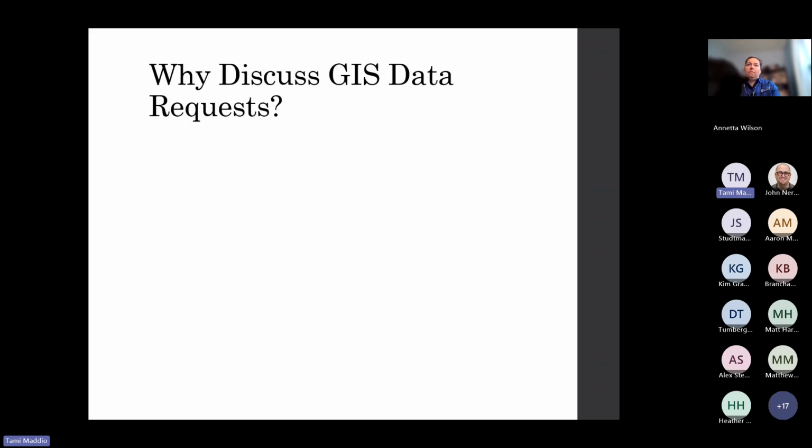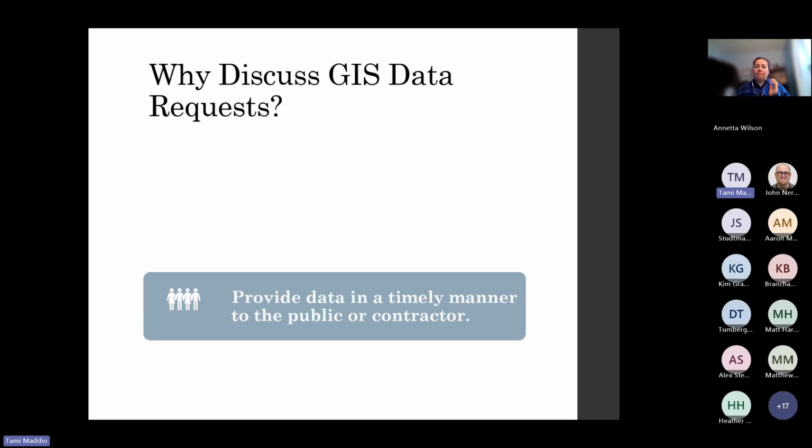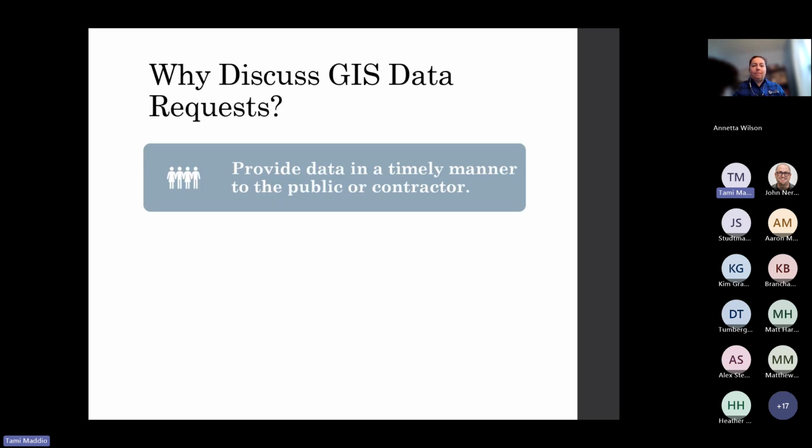So first of all, why are we discussing GIS data requests? Maybe obvious, but mainly because we want to be able to provide data to the public or contractors in a timely manner. It's part of our jobs.